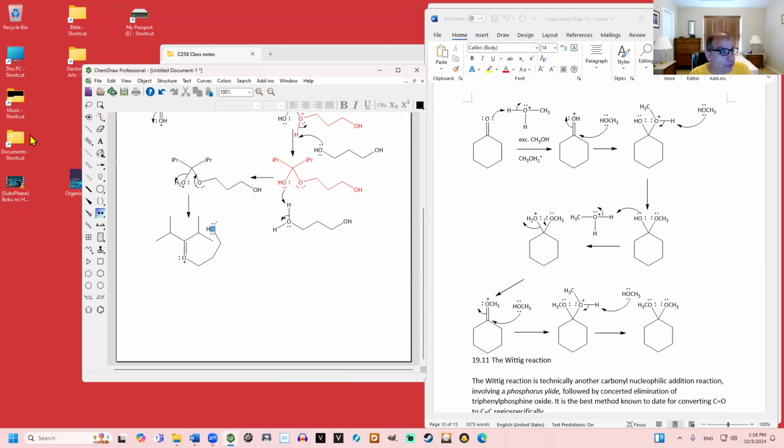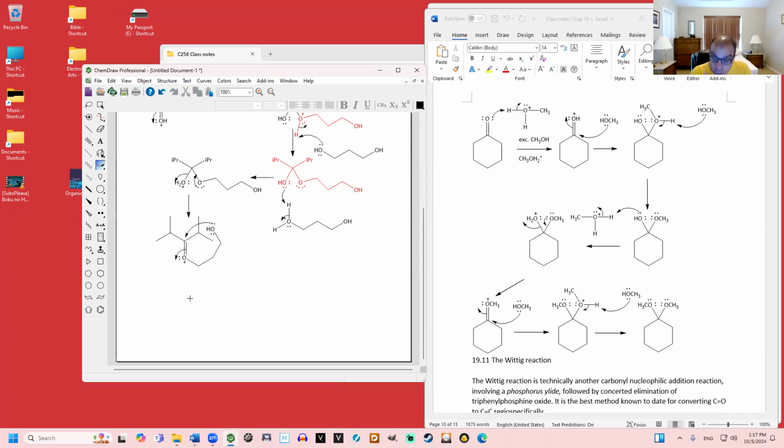There are no exceptions, especially when you're forming a 5 or 6 membered ring. And here you're forming a 6 membered ring. So this OH will attack that carbonyl carbon, will break the carbon-oxygen pi bond, and move the electrons onto the oxygen with a plus charge.